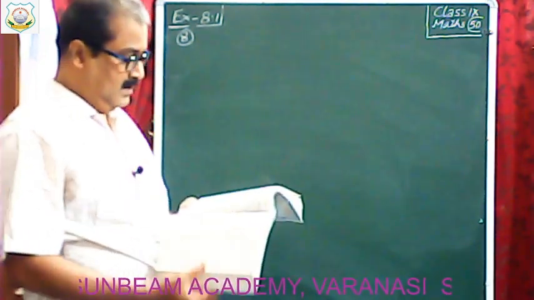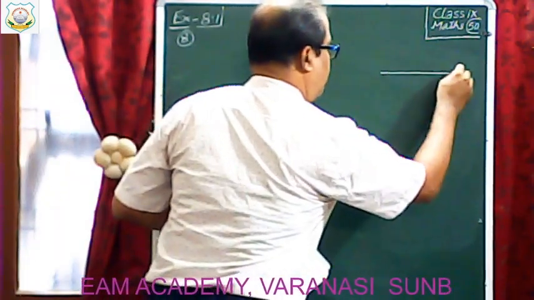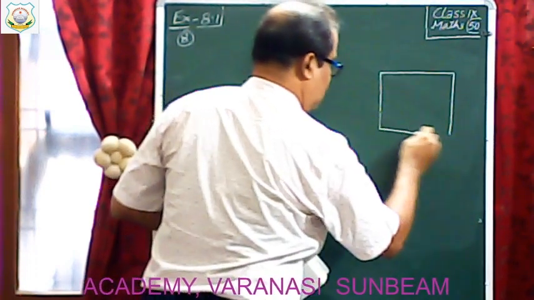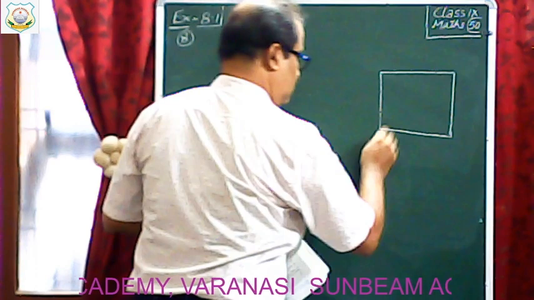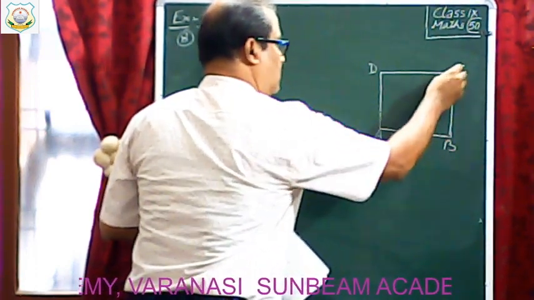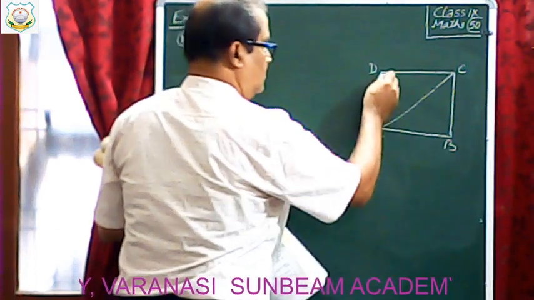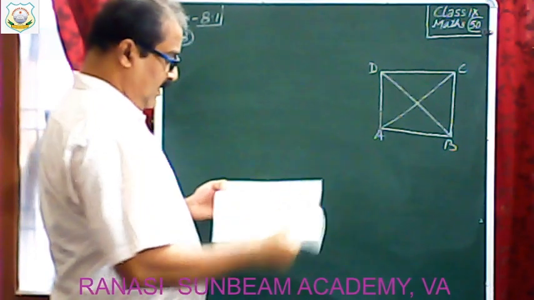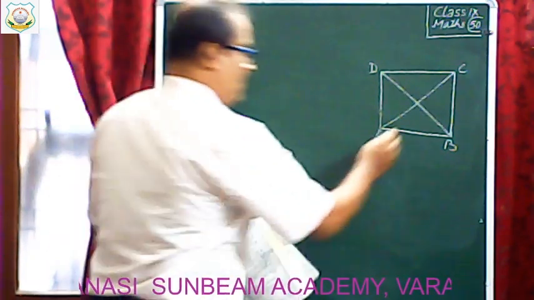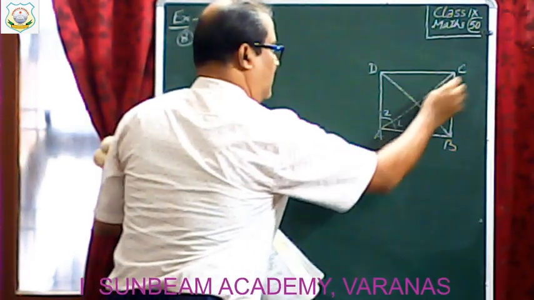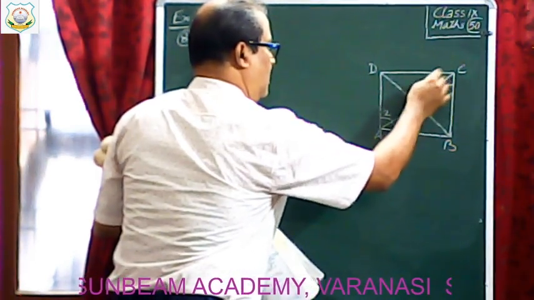To draw the figure, ABCD is a rectangle. A, B, C, D. Diagonal AC bisects angle A, that is angle 1 equal to angle 2, angle 3 equal to angle 4.